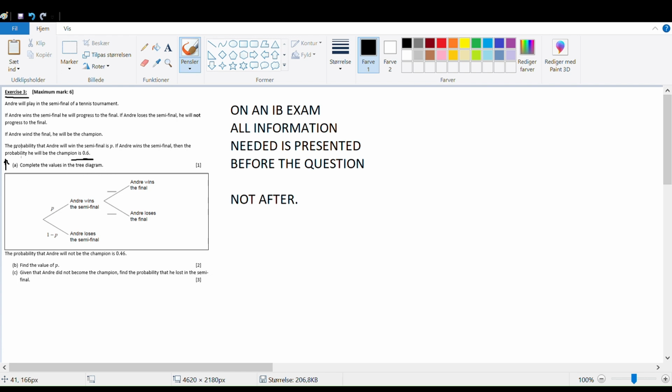So, complete the values in the tree diagram. Let's read this. The probability that Andre will win the semifinal is P. If Andre wins the semifinal, so basically, if we're up here, once we're in there, the probability that he will be the champion is 0.6. So he has a chance of being the champion, once he's already up here, of 0.6. That must be what we put here.